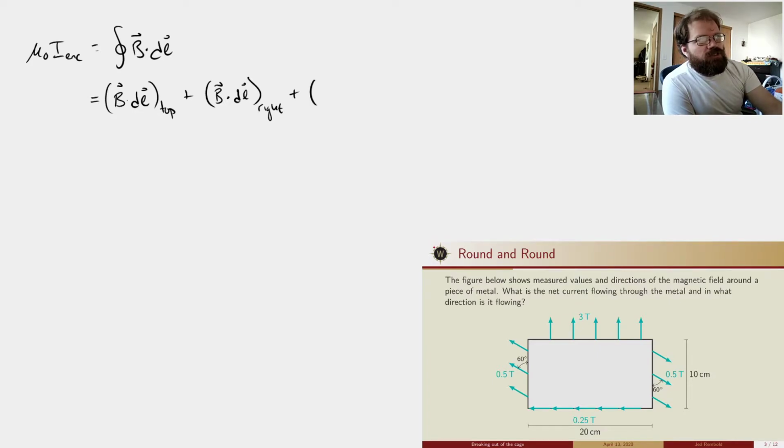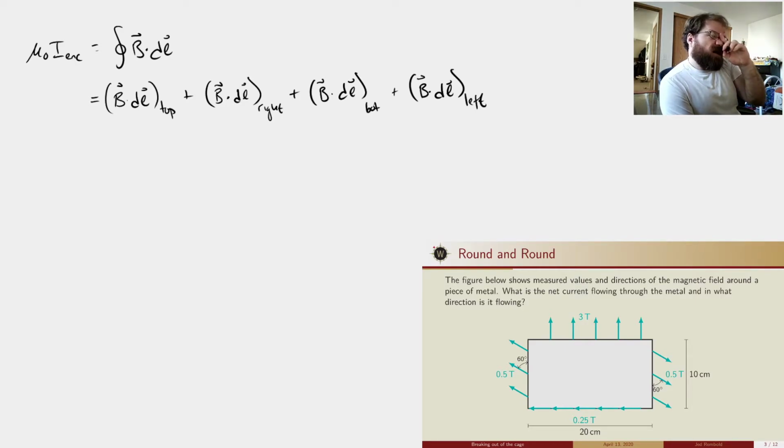So plus B dot DL along the bottom, and then plus B dot DL along the left-hand side, right? So literally just breaking the integral up into its individual discrete parts. And along each of those parts, I know that B is at least constant along that section. I know that B and DL are at least pointing consistently with respect to one another along that section.